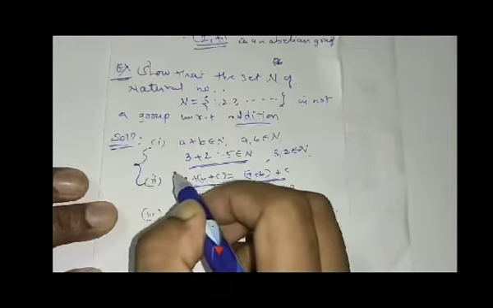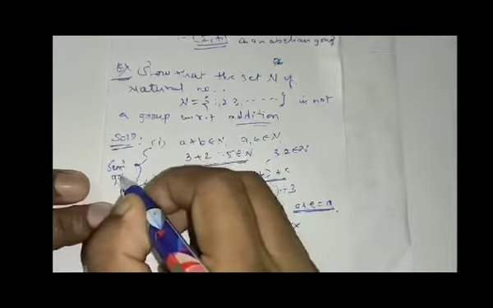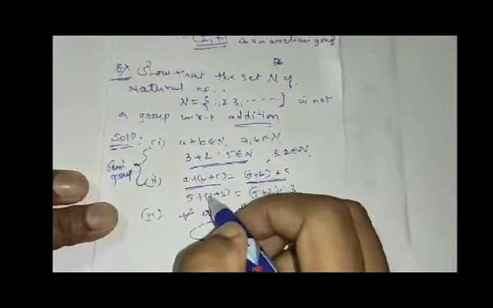Remember, if these 2 conditions are satisfied by a set, it is called a semi-group, but not a group.